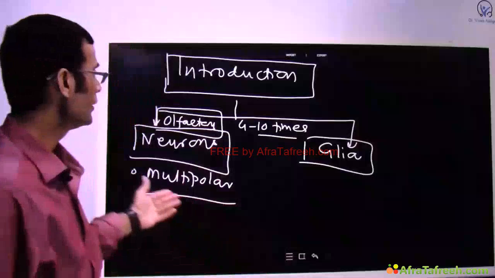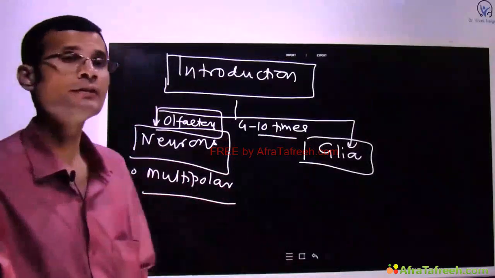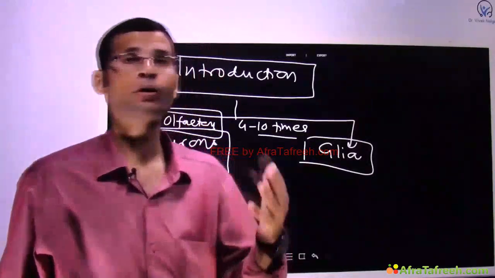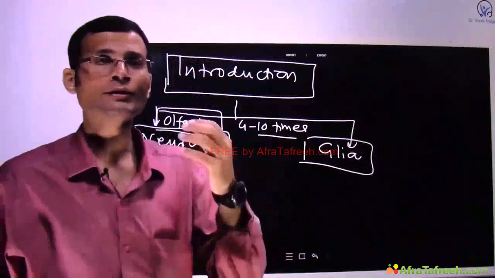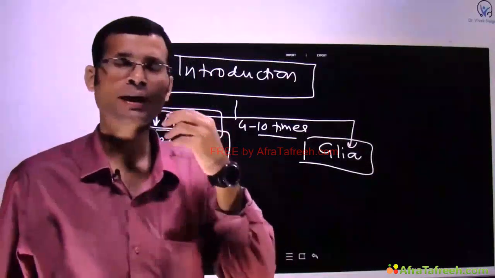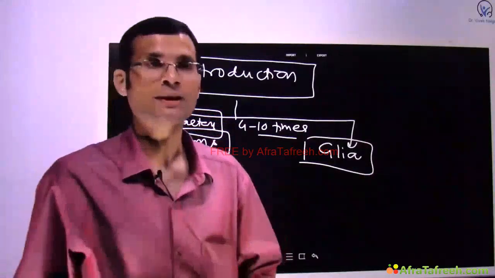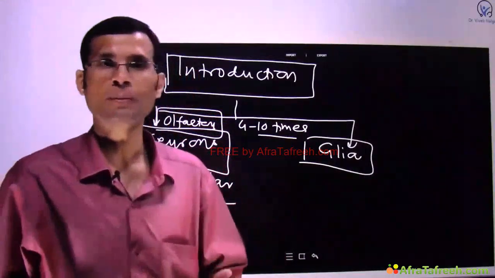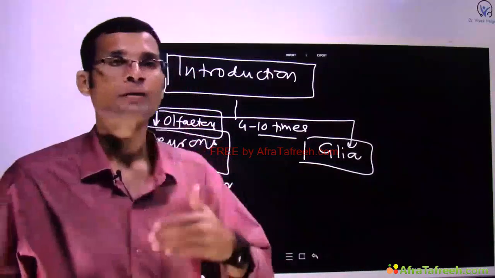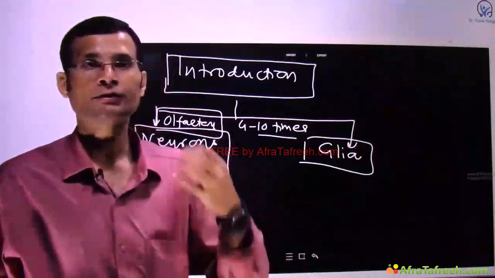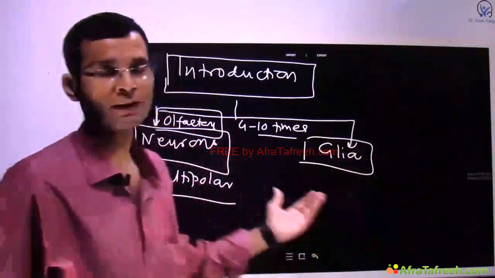And probably the reason for this is that the nerve cell body of the olfactory neuron is located quite superficially, quite on the outside part of the body, and therefore it is prone to damage on a moment-to-moment basis. As we inhale, there are chemicals and there is friction that can cause damage to the nerve cell bodies.